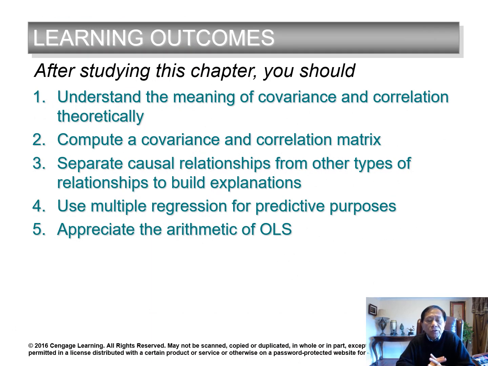After this chapter, you should be able to have a better understanding of the meaning of covariance and correlation theoretically, compute covariance and correlation matrix, separate causal relationship from other types of relationship to build explanations, use multiple regression for predictive purposes, and appreciate the arithmetics of ordinary least squares, or OLS.